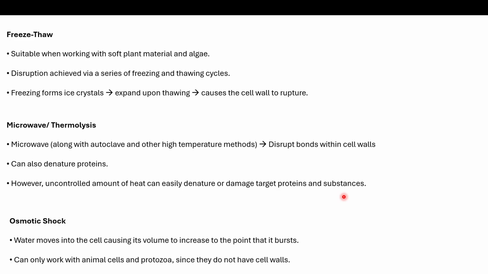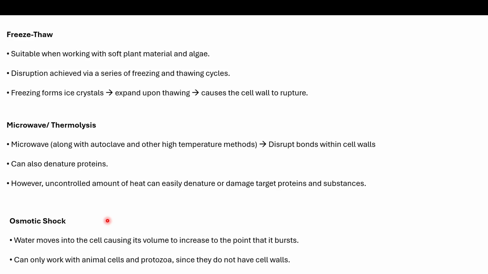Okay, then there's osmotic shock. What we do is keep the cell suspension, or suppose a cell is kept, in a medium containing a higher amount of solvent concentration. In case of osmotic shock, it's water, right? Hypotonic solution. Then its solute concentration is low as compared to the intracellular environment, right?